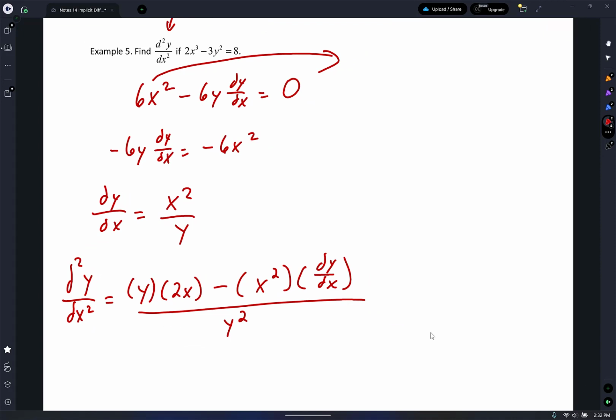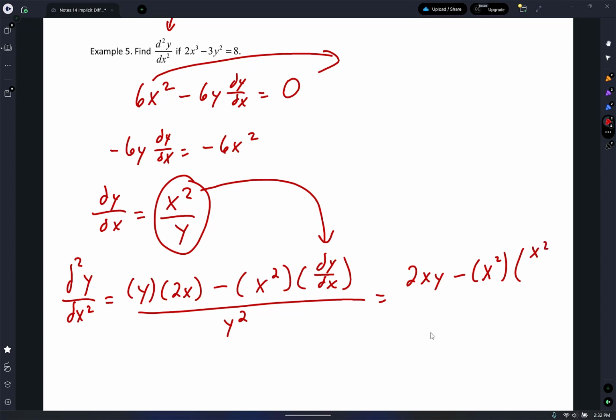Usually you don't want to see the dy dx in there. You want to see the second derivative in terms of x and y. So all I'm going to do is plug this guy in there. And you guys will tell me if you want to simplify it. 2xy minus, I guess for now I'll write it like this, x squared over y. Yeah, we'll simplify.